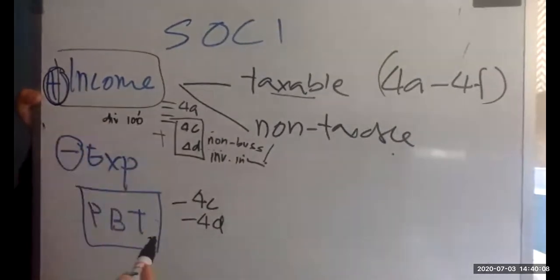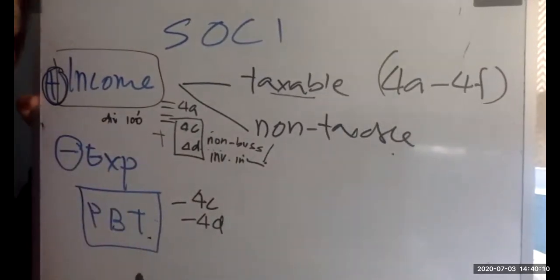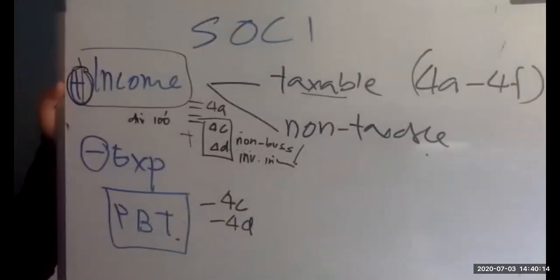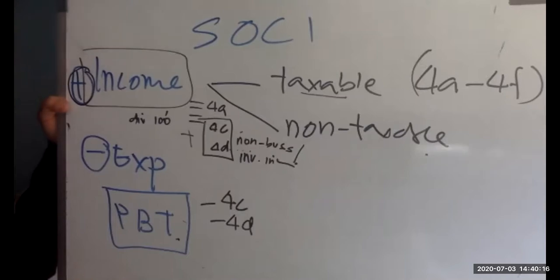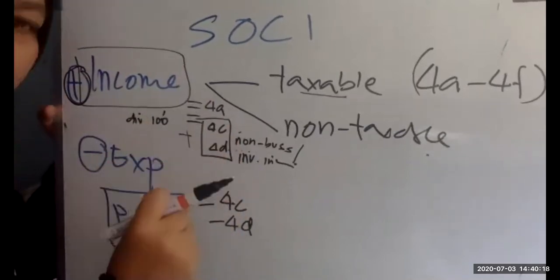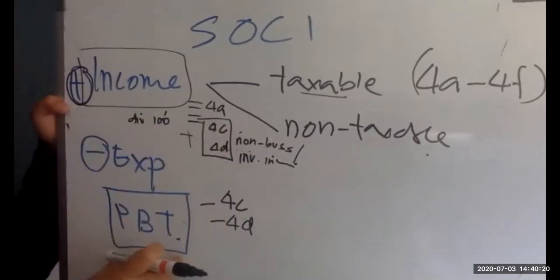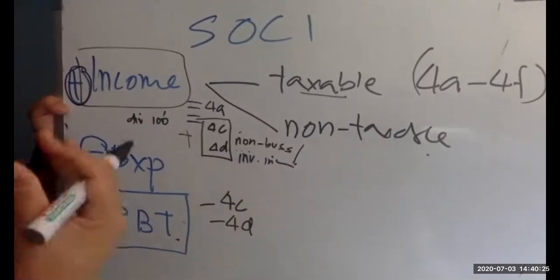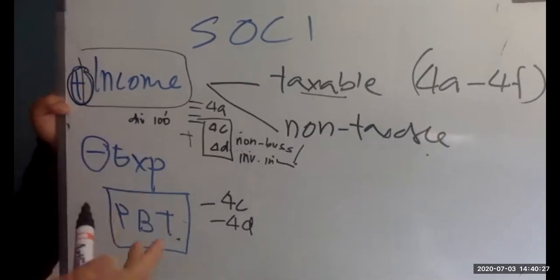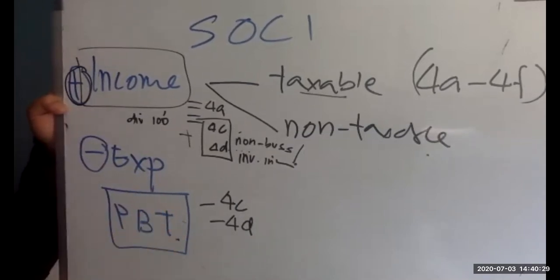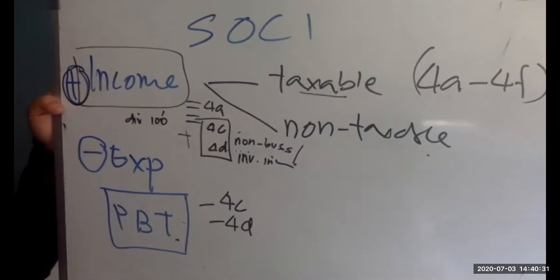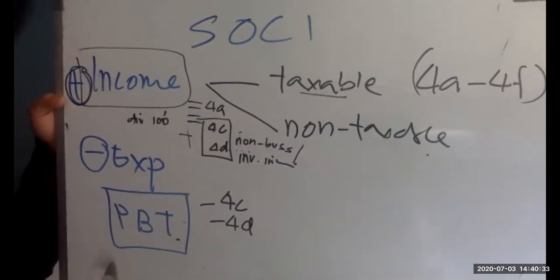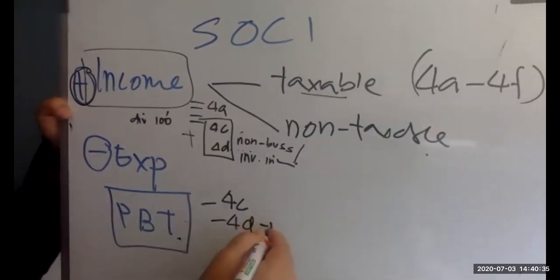Whether the income is exempted from income tax perspective, or whether the income is not a receipt, for example, you just want to take out everything from your PBT here. Take out your 4C, 4D, and later when you do your 4C, 4D, then only you think whether the income is exempted, or whether the income is final, or whether you have to compute the adjusted income, for example in the case of rental.